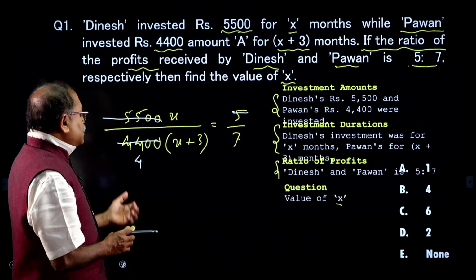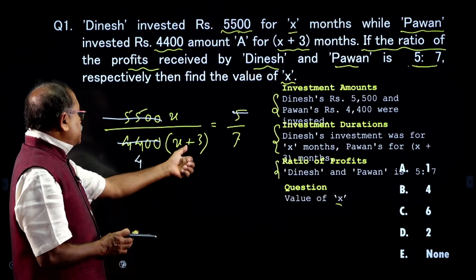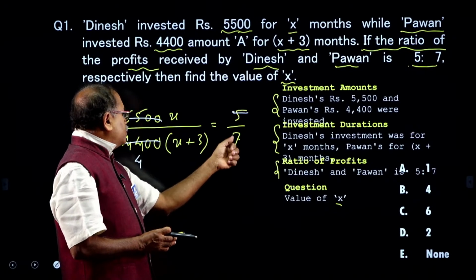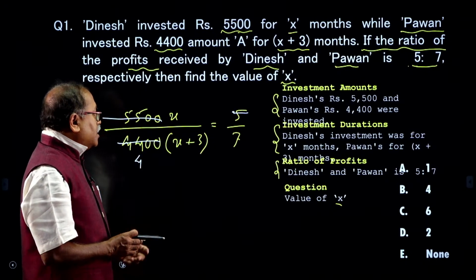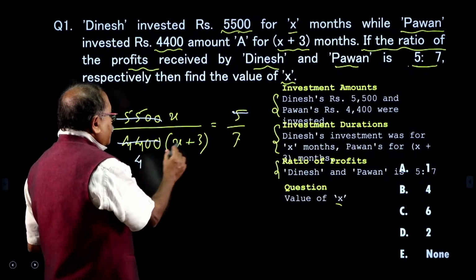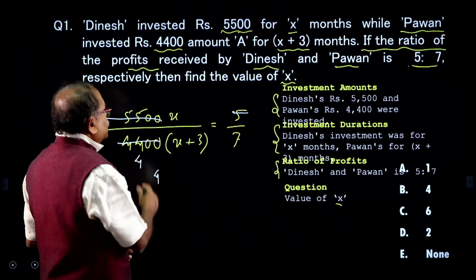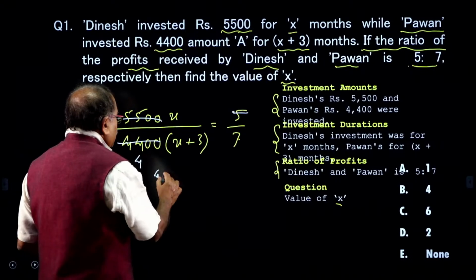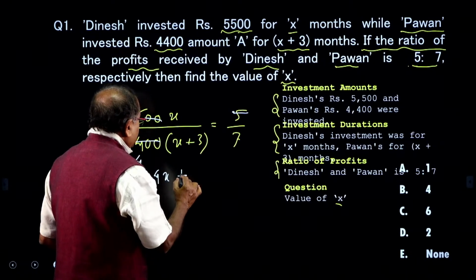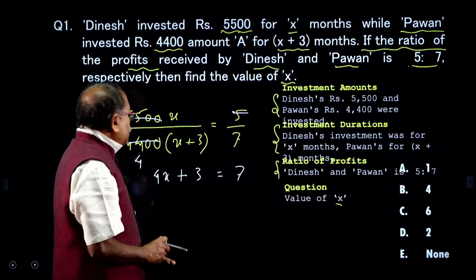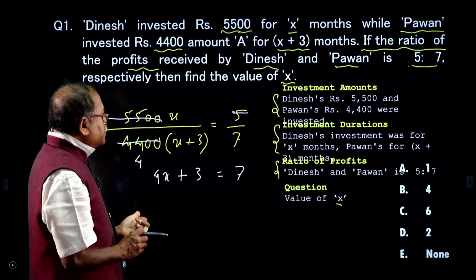So, what I get over here is 3x is equal to, that goes to the other side, am I right, 4x. So, here is getting 4 times, then 4x plus 3 which is equal to 7, then what is x?